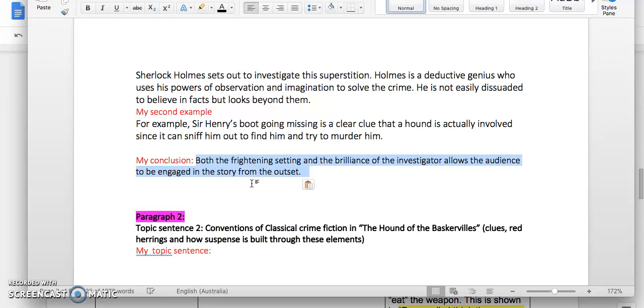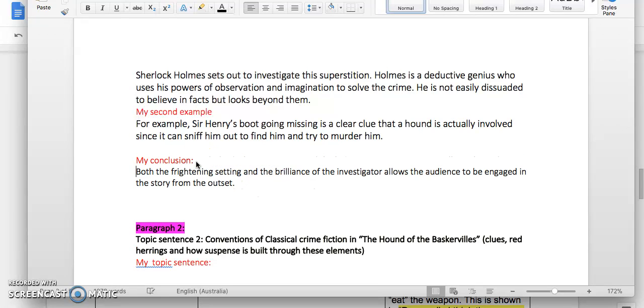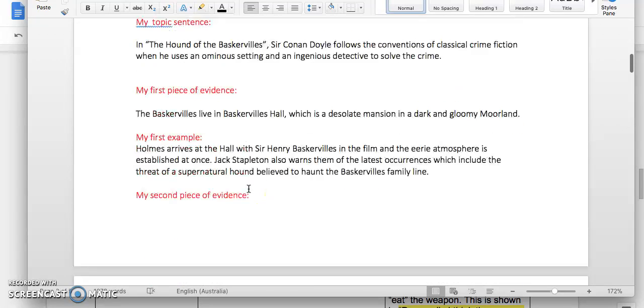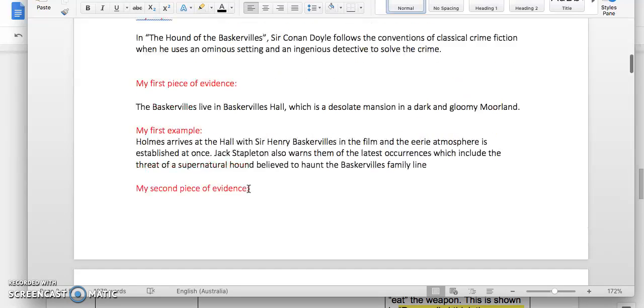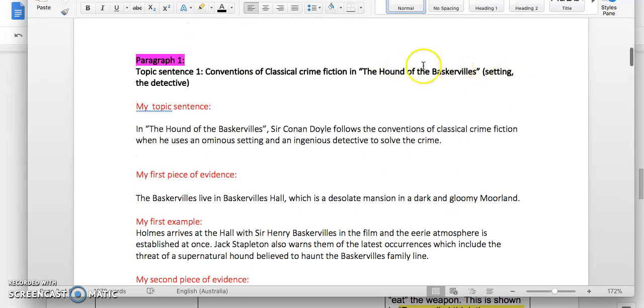So in my conclusion, I go back to what I've written in my introduction, and I know that I'm linking it back to my conventions here, and that was in my plan.